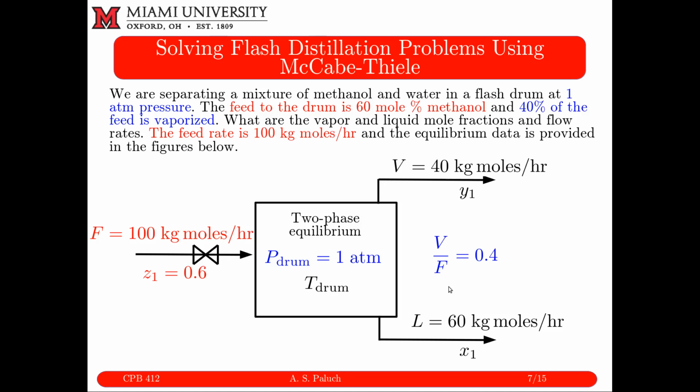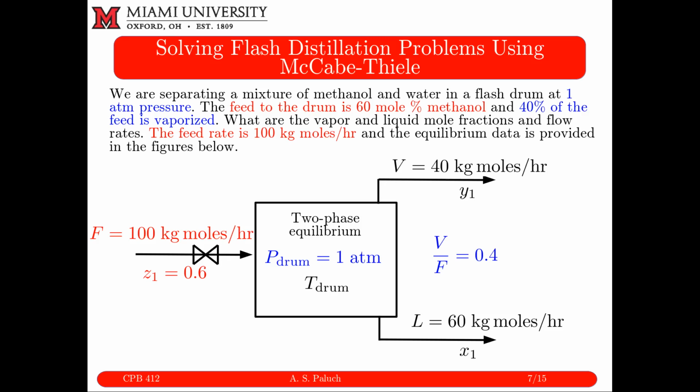Once I guess a temperature, I could find y and x, and I know z. I could calculate V over F with that guessed temperature and see if my calculated V over F is the same as 0.4. If it is, congratulations, you solved it. If not, guess a new temperature and keep iterating until it converges. Right? You could do that, but there has to be a better way.